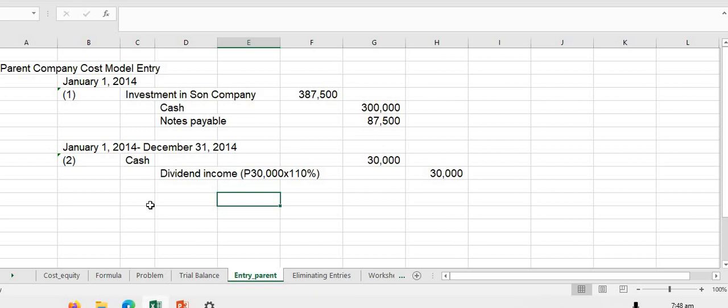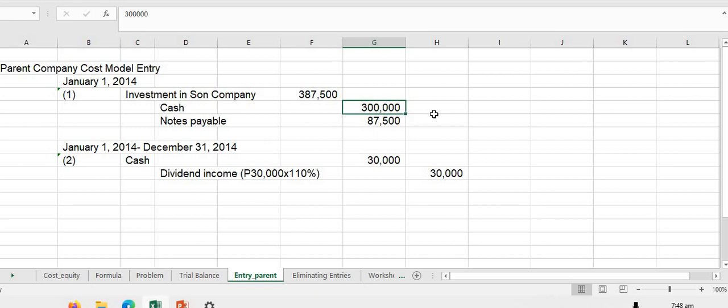First, on January 1, 2014, at the date of acquisition, the consideration transferred consists of cash amounting to 300,000 and a note payable of 87,500. So the entry is a debit to investment in Sun Company, 387,500, a credit to cash, 300,000, and a credit to notes payable, 87,500.